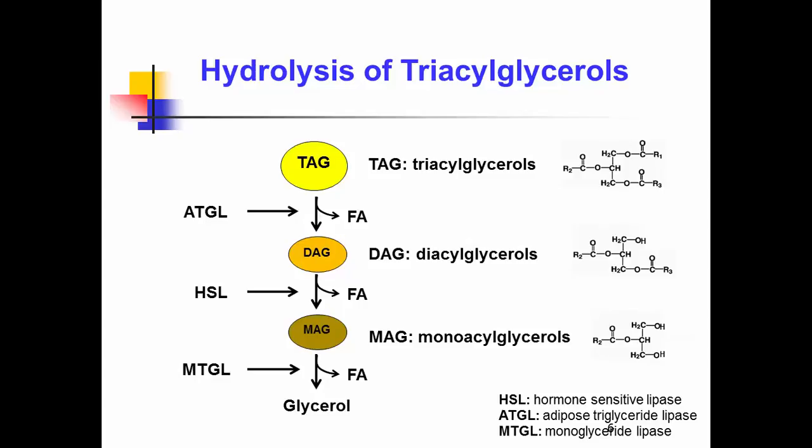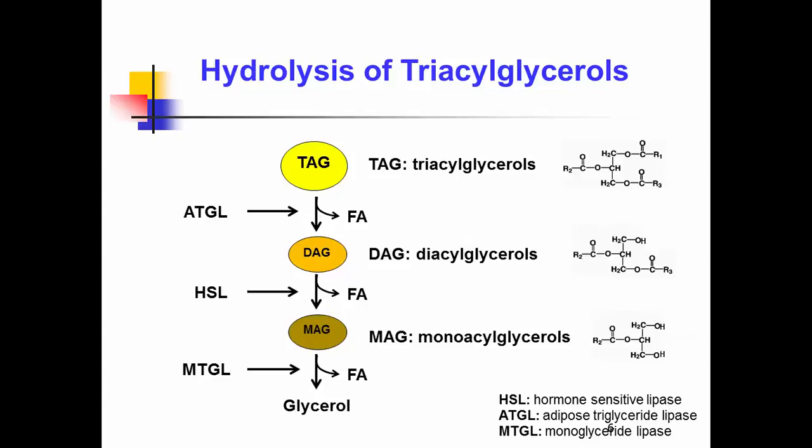But for this class, we just want to focus on HSL as a key enzyme. I just want you to also be aware that the other two enzymes are involved in lipolysis. So if ATGL isn't working, HSL can still cleave SN1 and SN3, right?